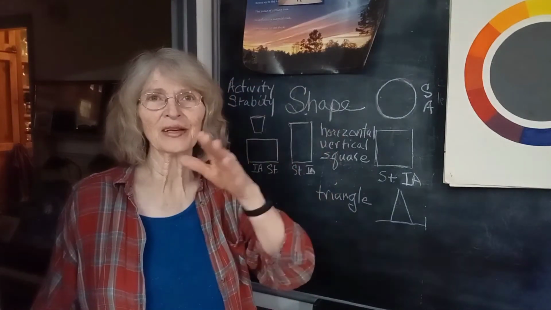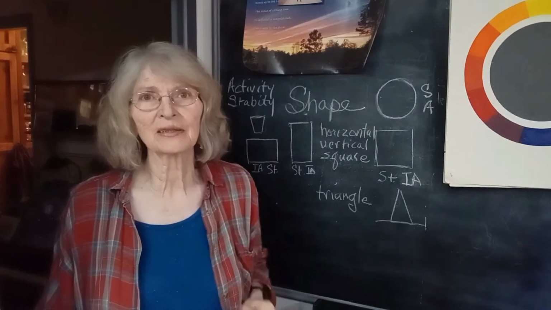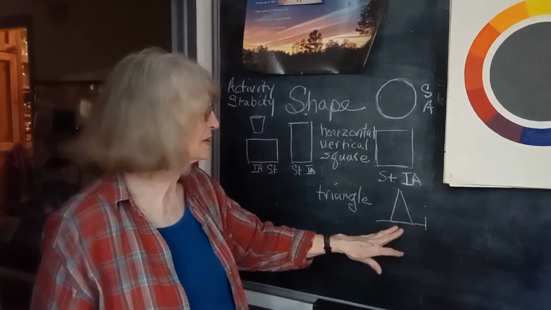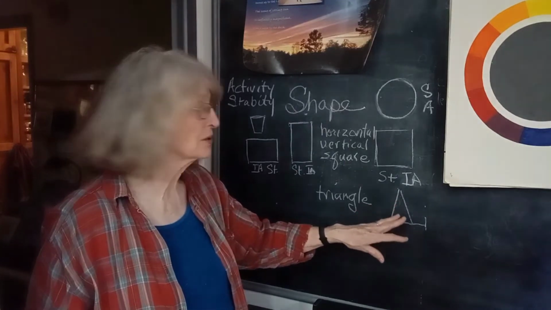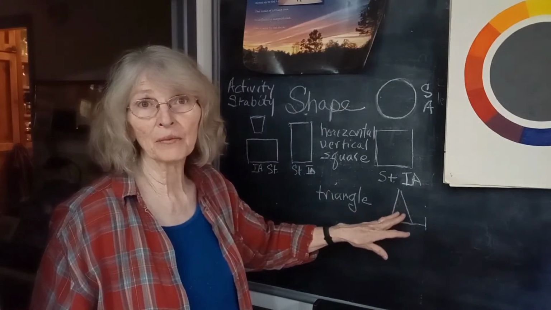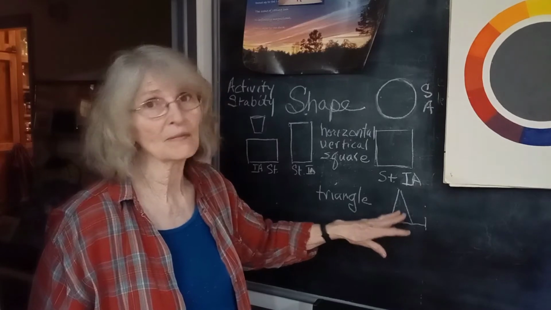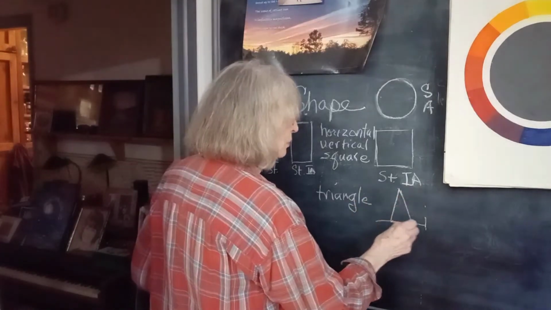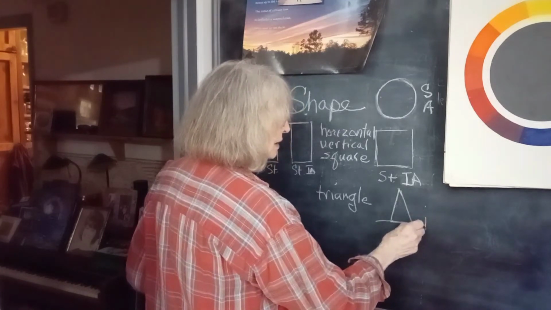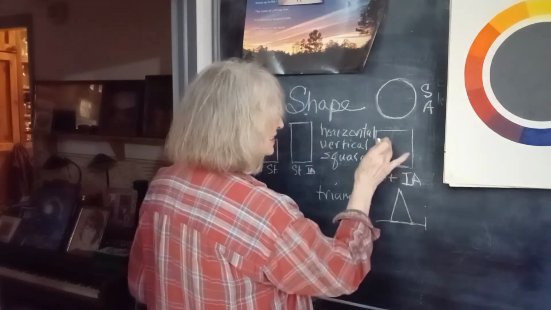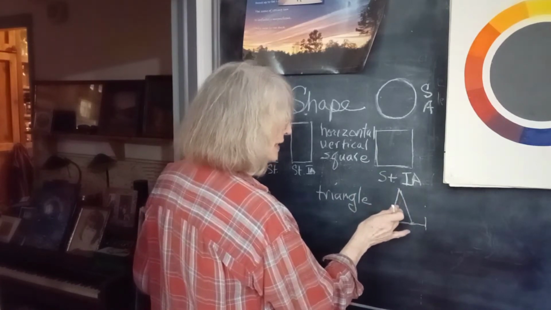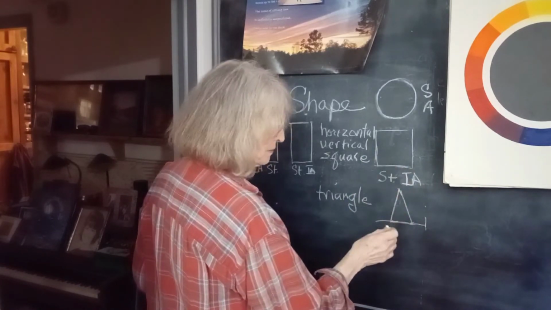Even if it has variations in it, it will be considered a horizontal line. A triangle that is set on that surface is considered the more stable and the less active. However, because it has 3 points, less stable still than the square and more active than the square.